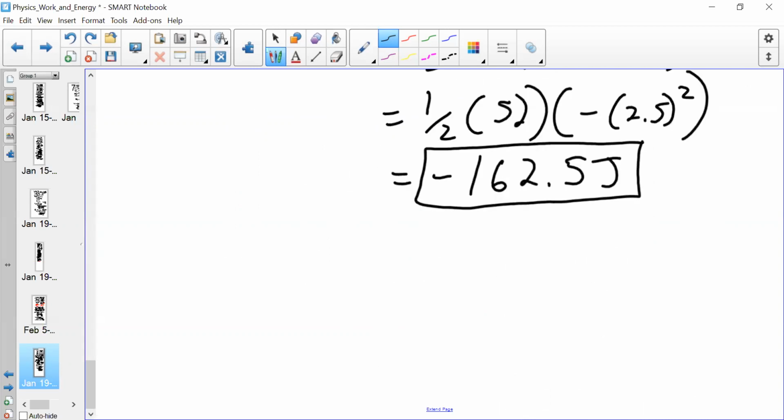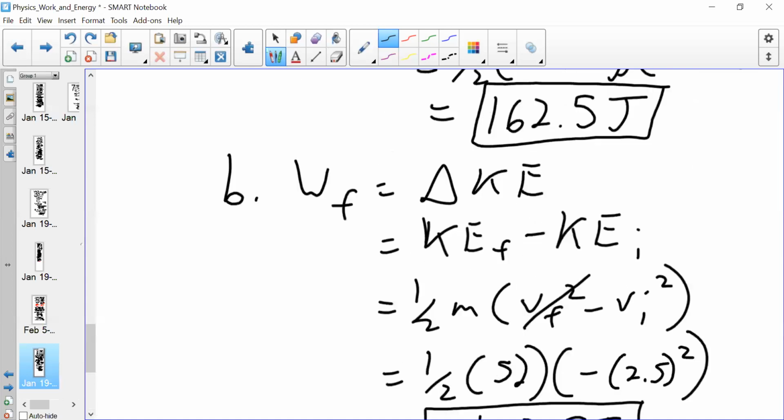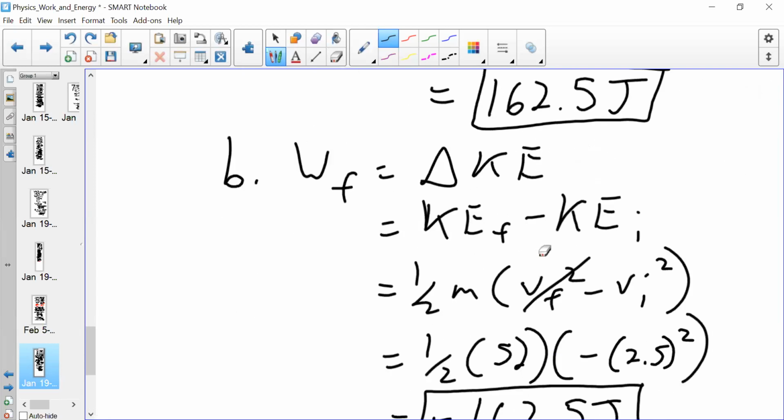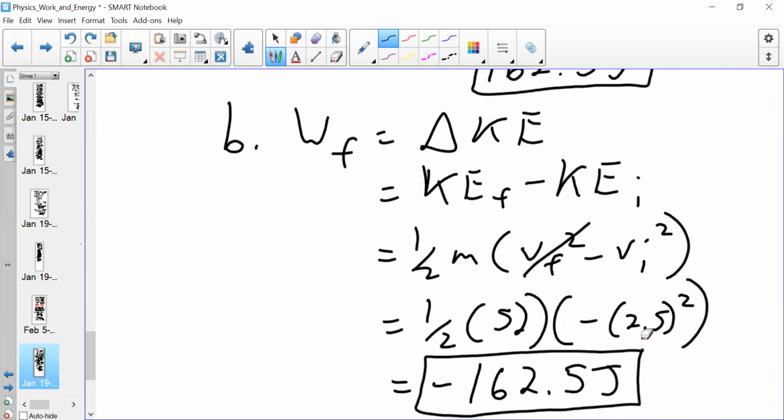And then it says, how much work must she do to speed up to 2.5 meters per second again? If this is the amount of work to slow down from 2.5 to 0, then the same amount of work is going to be needed to go from 0 to 2.5, because you're not changing the speed.